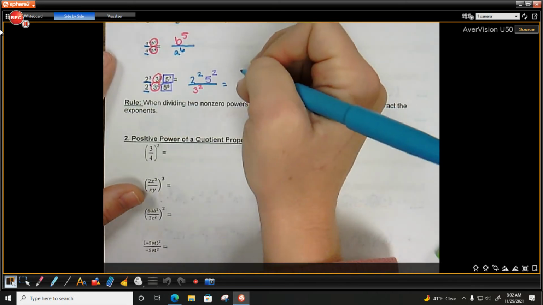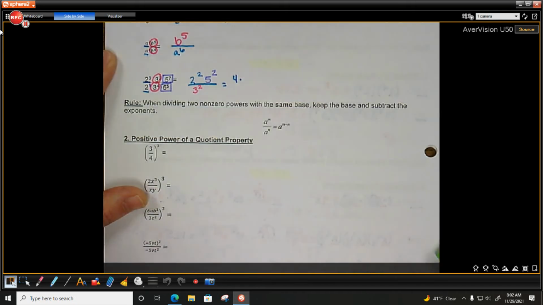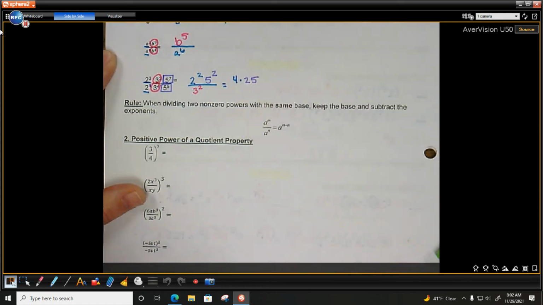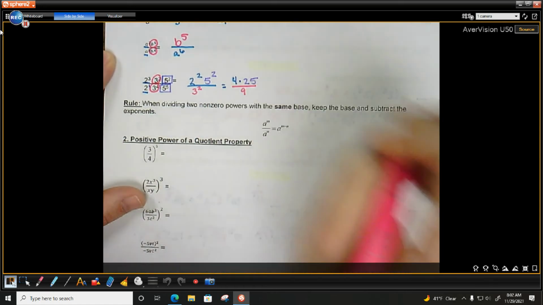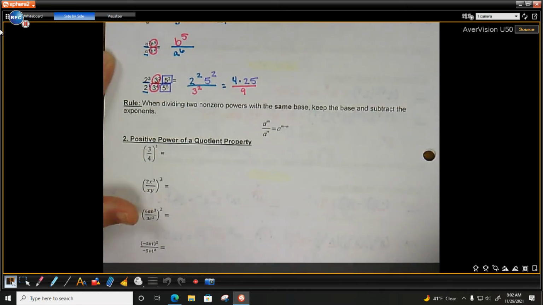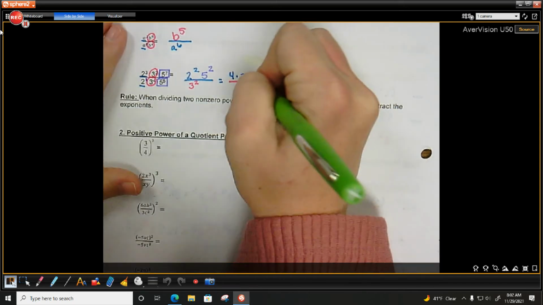What's 5 squared? 25. Over. What's 3 squared? 9. What is 4 times 25? 100 over 9. Now, remember, we always want to simplify fractions.